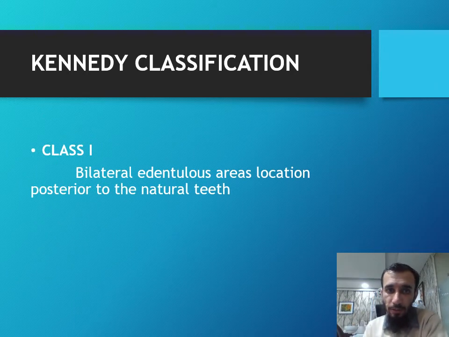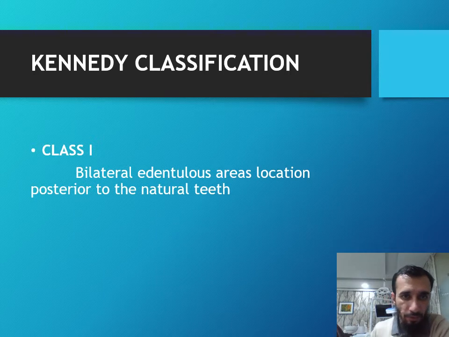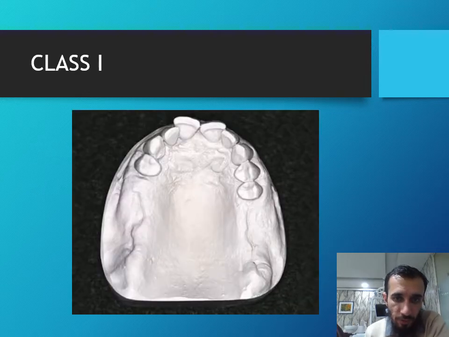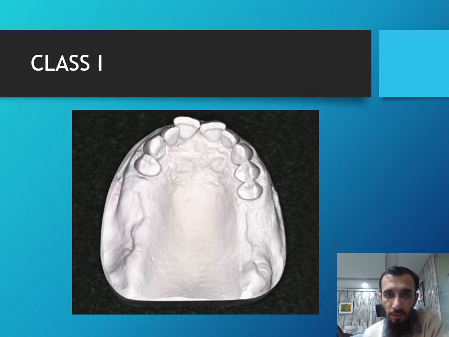Now, Kennedy classified the arches into four major classes, and class one includes a bilateral edentulous free end saddle. A picture would be much easier to visualize that. All these pictures and the whole lecture have been made from McCracken's Removable Partial Denture Prosthodontics.